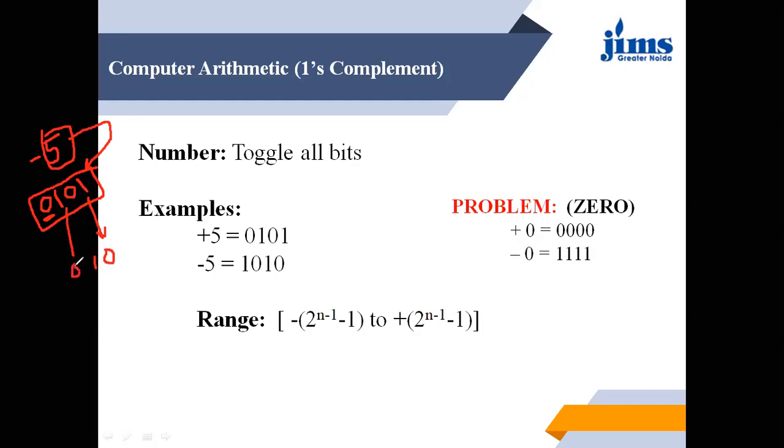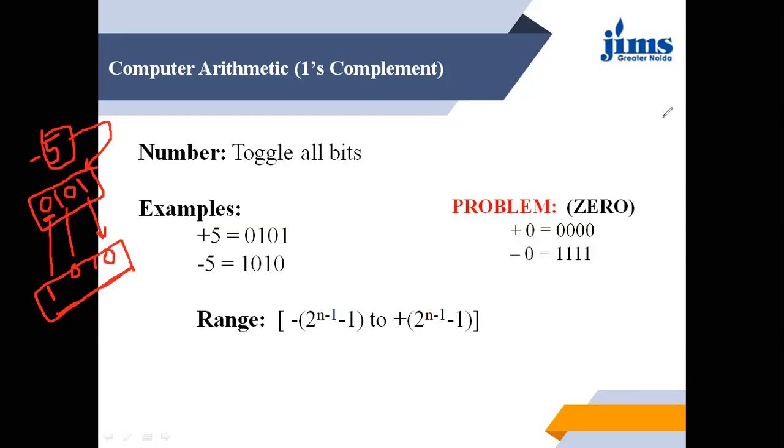So this is the binary equivalent of -5. So when we have to find the binary equivalent of a negative number, we write the positive number and then take its one's complement by toggling all bits, 0 to 1 and 1 to 0.